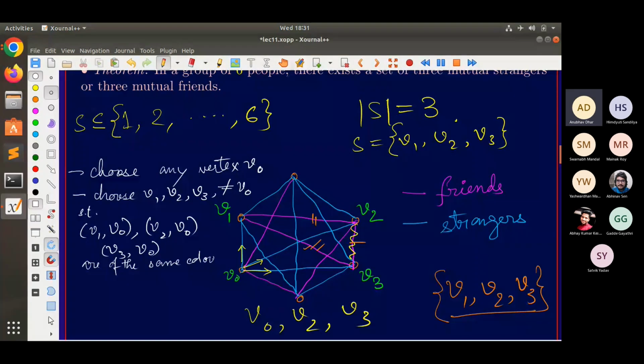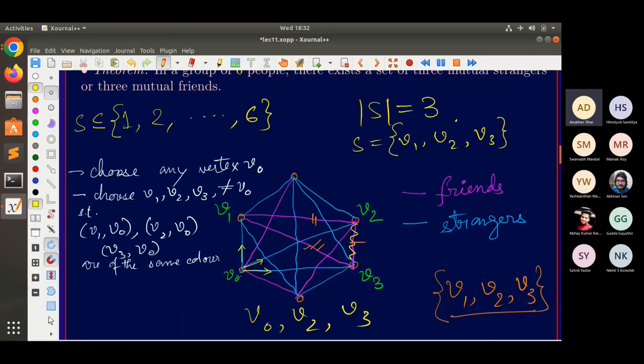This is always possible because if there are less than or equal to 2 edges incident on V0 of the color blue, and less than or equal to 2 edges of the color magenta, then you will have less than or equal to 4 edges. But you know that the number of edges from each point is equal to 5. So that gives you a contradiction. So you can always choose 3 edges such that they are of the same color.